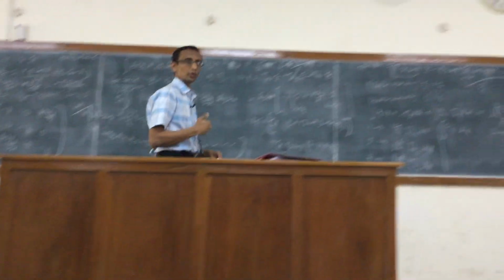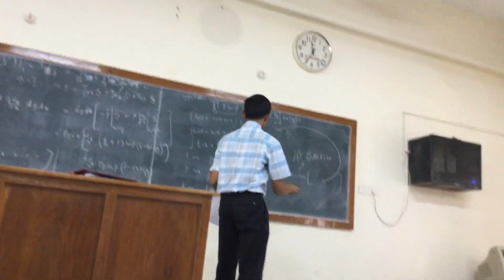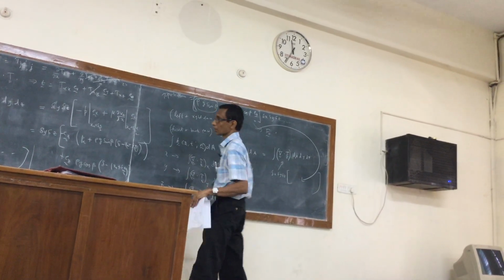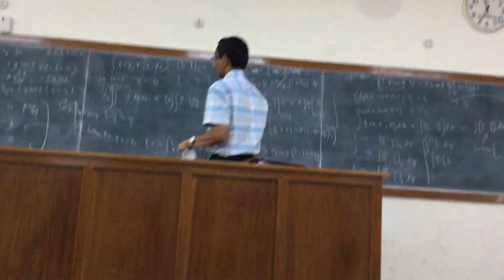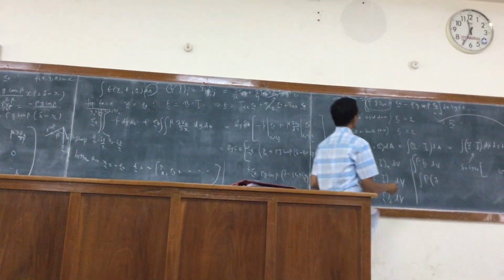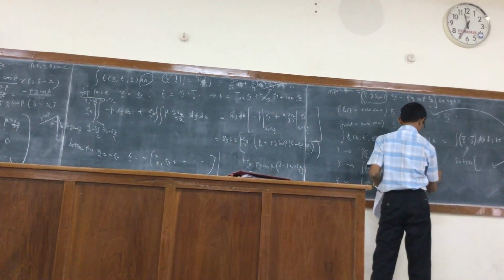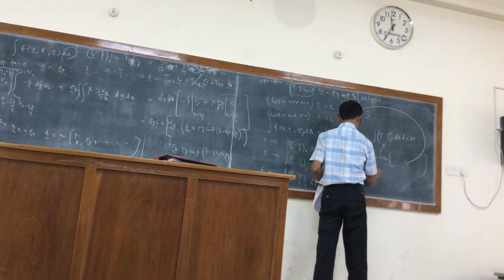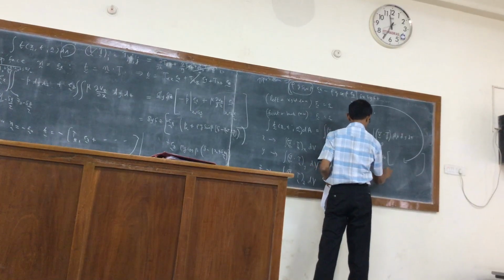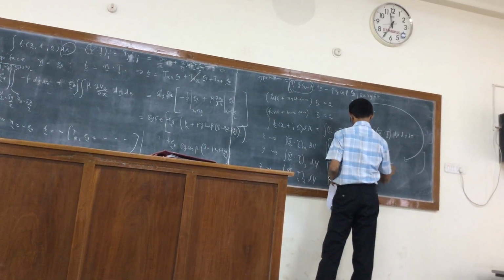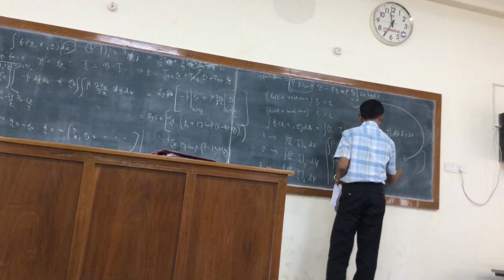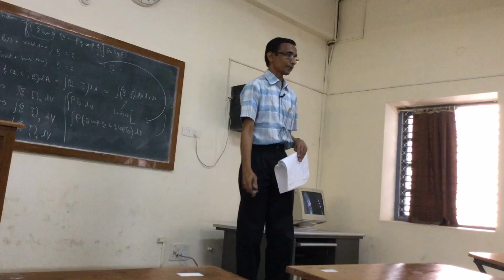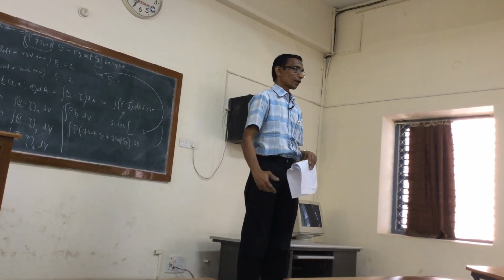So rho b dV would be rho times g, minus g sine beta Ex plus g cos beta Ez, times dV. So again the integral is a constant.